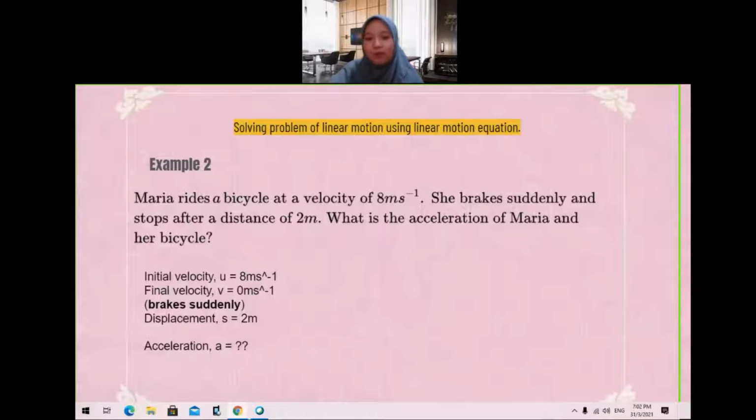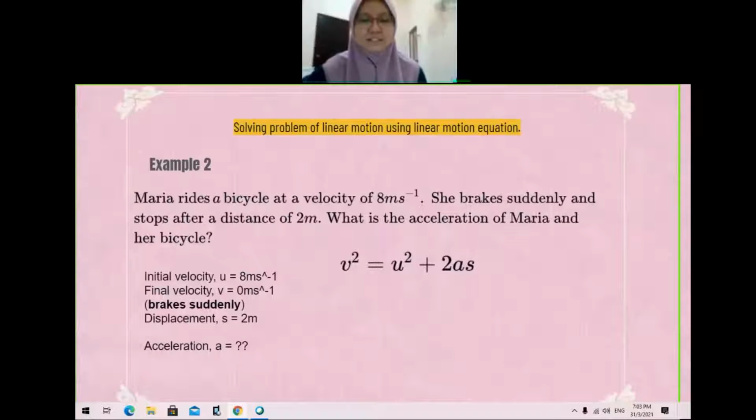V squared equals U squared plus 2AS. Right, congrats. So you are so great. Okay, v squared equals u squared plus 2as. We are going to use this formula as we have the value of v, u, and also s. We only need a.